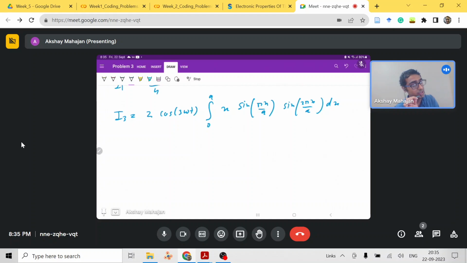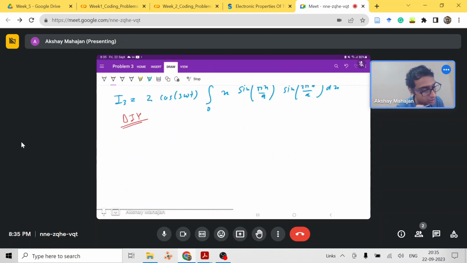Again for this you can use the trigonometric relation for the product of 2 sine functions, convert it into some other form, and then again use the integration by parts. So I am leaving it for you to try out. DIY. In case you have any problem, you can ask in the course's discussion forum, or later in the YouTube section as well.